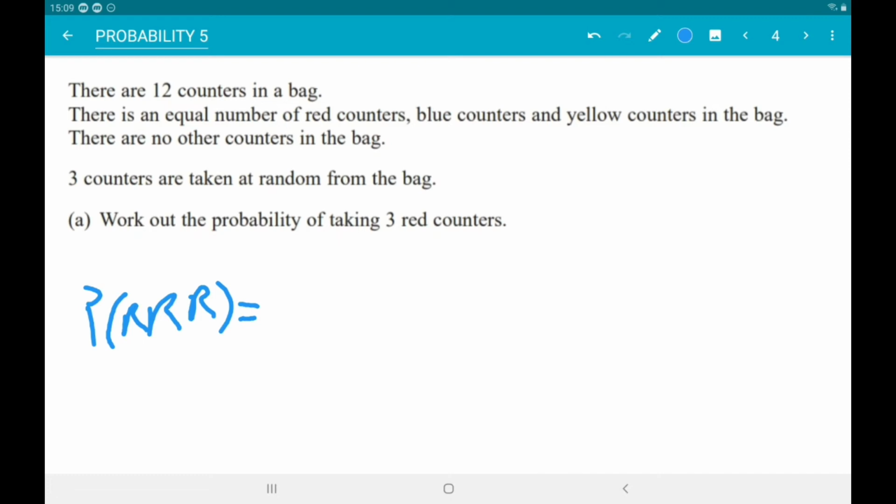So it's 4/12 times. Now if we've taken 1 red, there's now 3 left out of 11 counters. Now if we've taken 2 reds, there's now 2 left out of 10 counters. So it's 2/10 for the third one.